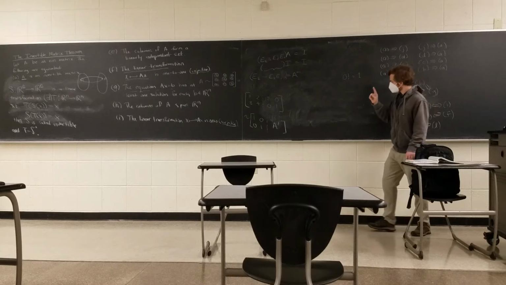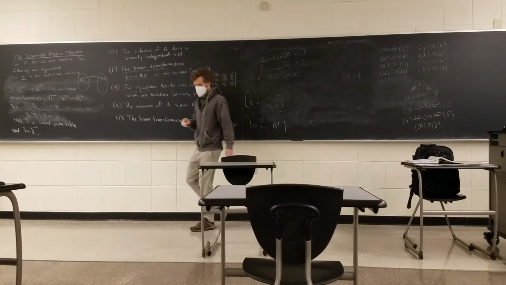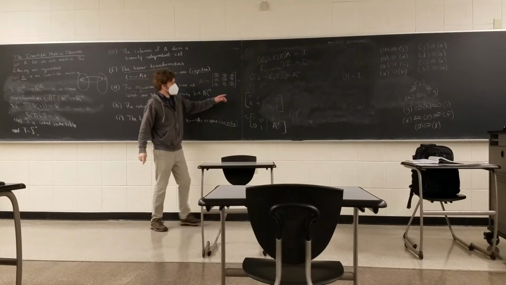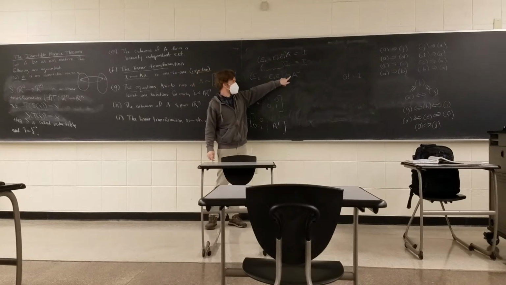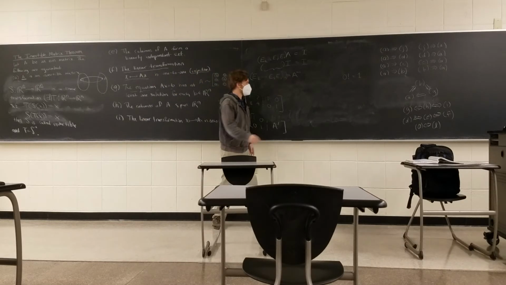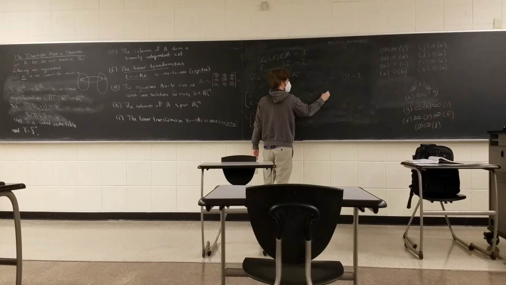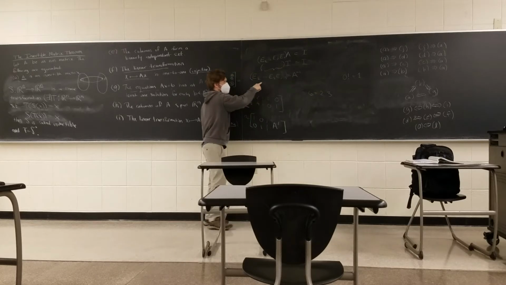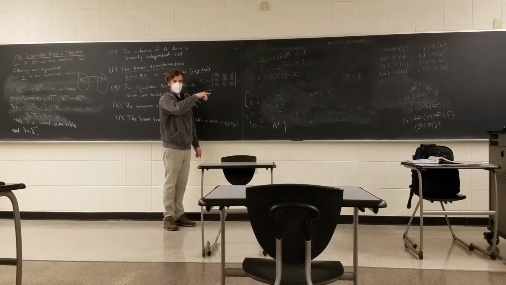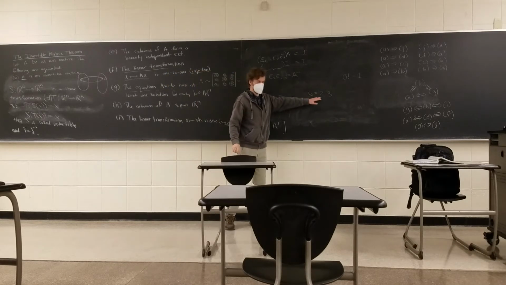Oh, actually, the point that I'm trying to get to is that this is a factorization of A. Just like we might write 6 equals 2 times 3, we're writing this matrix as a multiplication of a bunch of other matrices. This is a special kind of factorization.